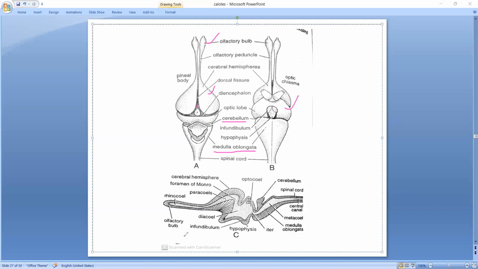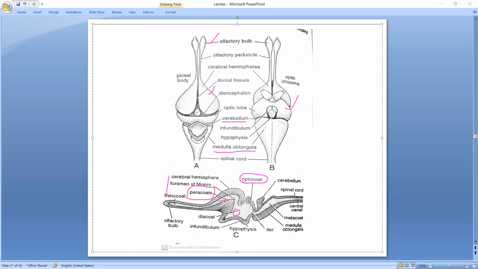Okay, as usual, in the ventricles part, the rhinocoele is in the olfactory bulbs, and then the first and second ventricles in the cerebral hemisphere are called paracoeles, and the diacoele or third ventricle in the diencephalon, and optocoeles in optic lobes.